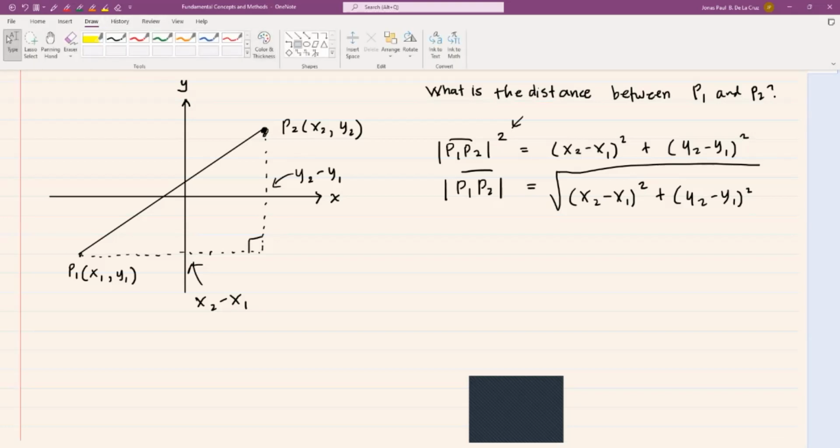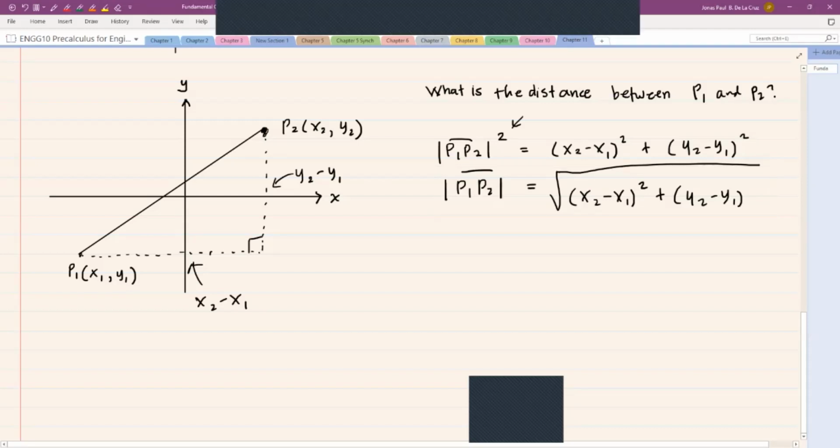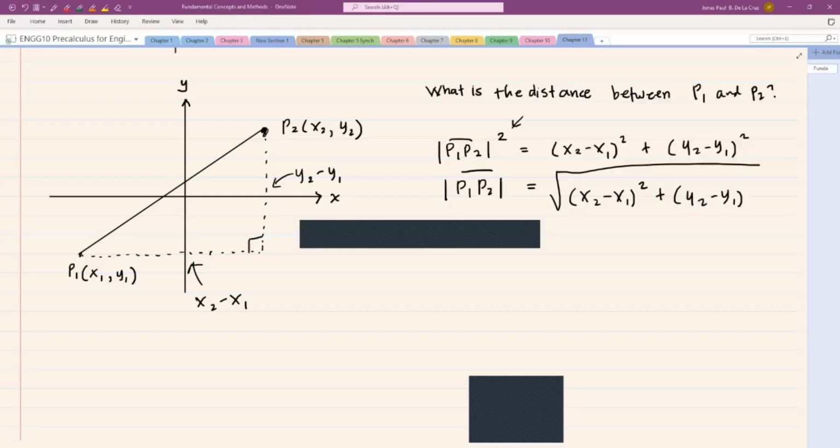So, itong formula na ito ngayon, this is the formula that we are going to use to solve for the distance of any 2 points na merong coordinates P1, x1, y1, and x2, y2. Itong formula na to. Okay?